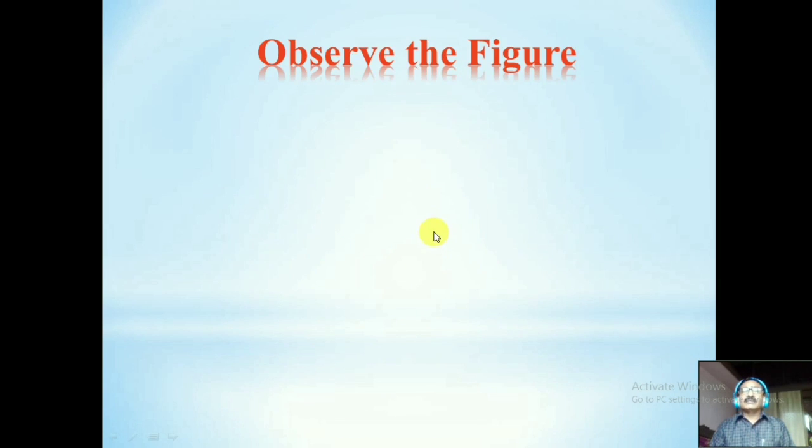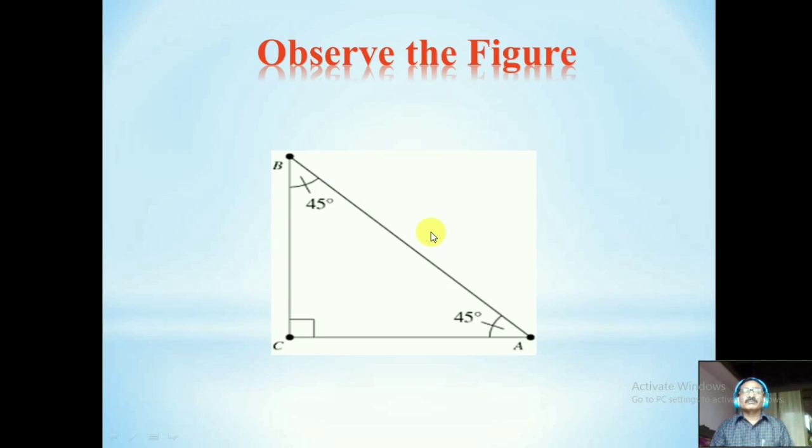Observe the another figure. Here triangle ABC is also a right angled triangle and angle C is 90 degree, angle A is 45 degree and angle B is 45 degree.